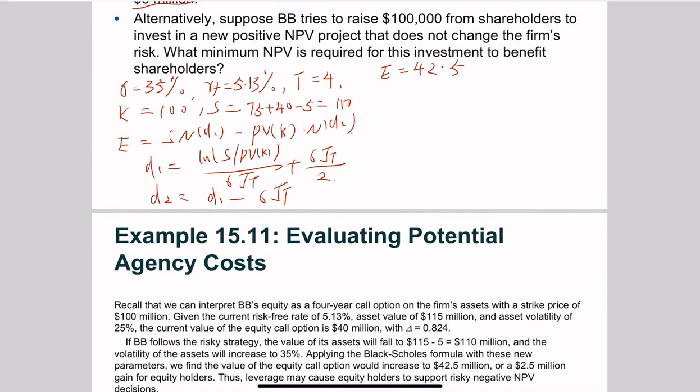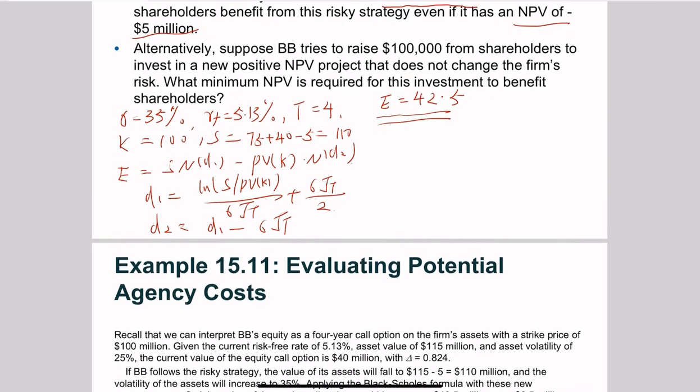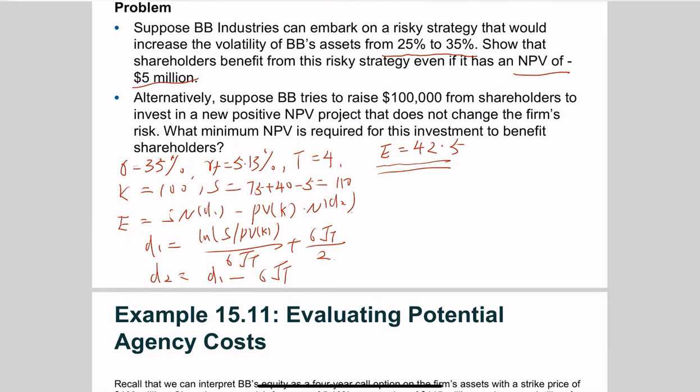So I would suggest you to actually put in these numbers and verify that you will actually get a market value of equity as $42.5 million. So what you can see here is after this risky negative NPV project, the firm's equity increases from 40 to $42.5 million. So of course shareholders will be happy to pursue this negative NPV project.